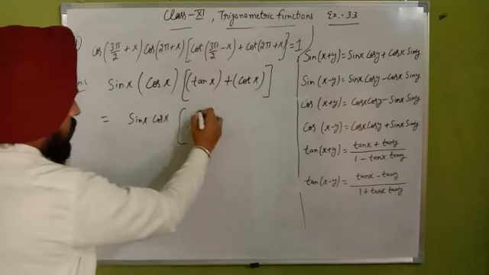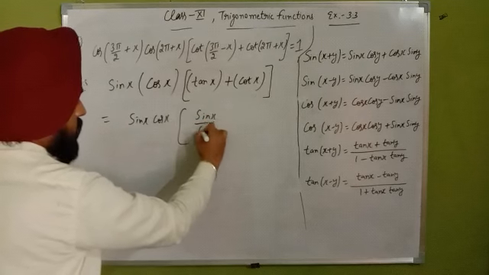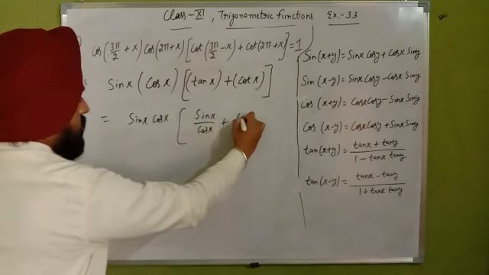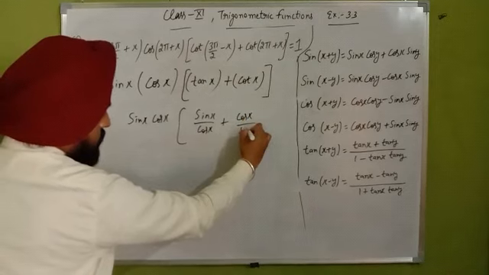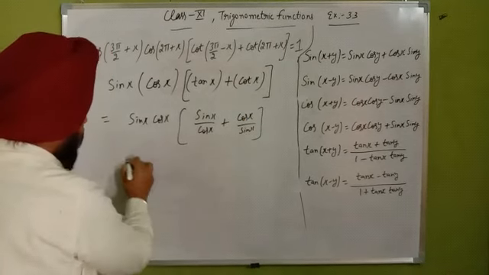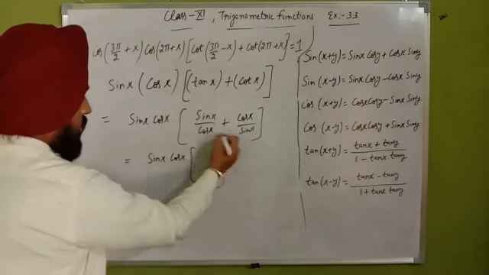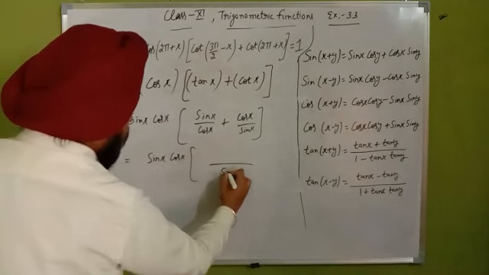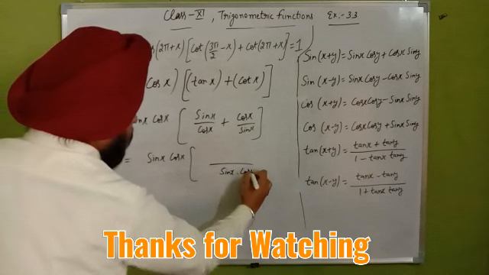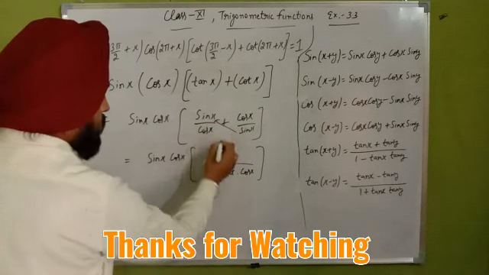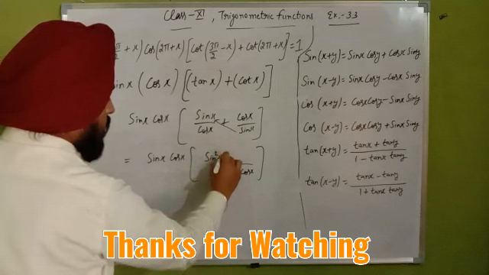write tan x as sin x upon cos x plus cos x over sin x. Now take the LCM inside the bracket. Sin into cos, that means sin x into cos x. After that multiply the sin with sin, that means sin square x.